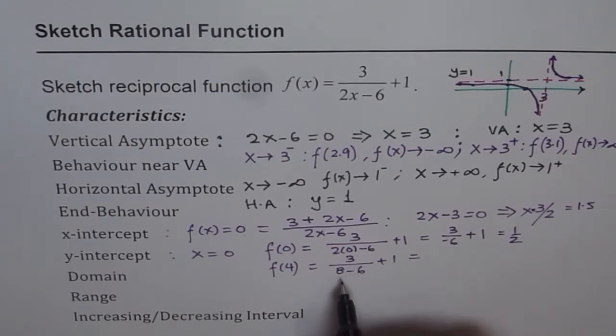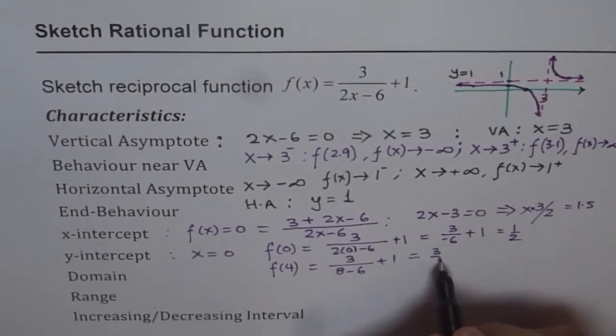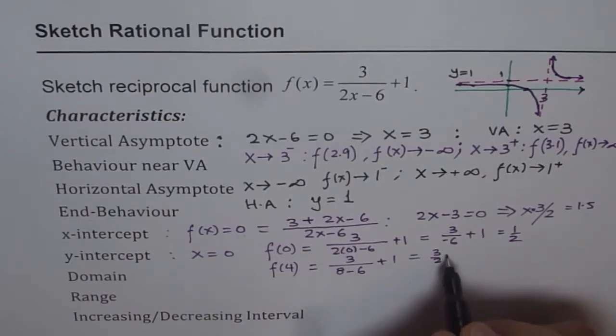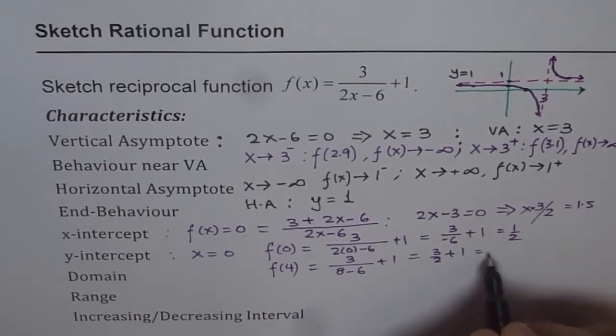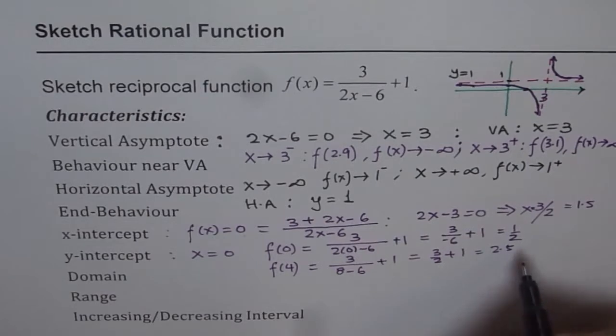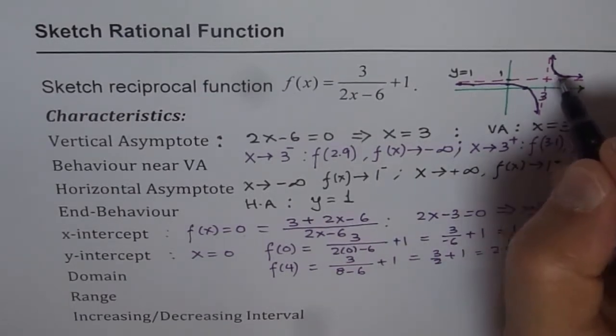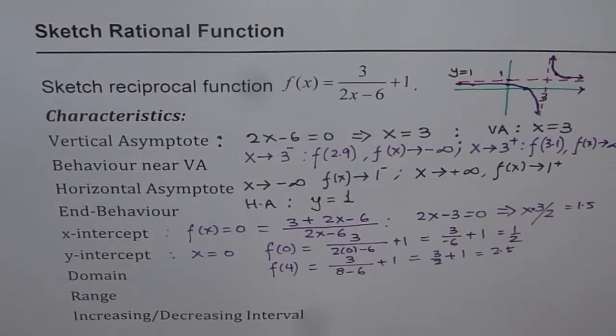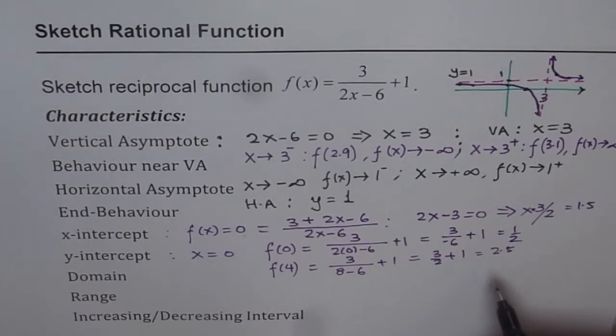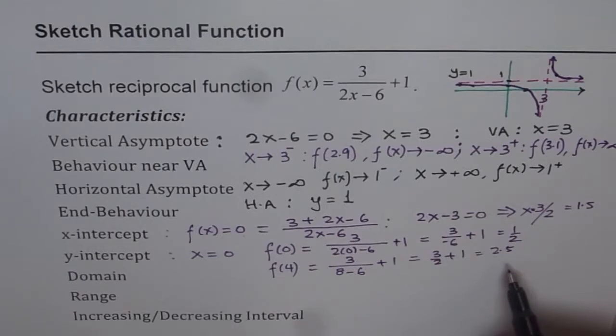That gives 3 over 2 plus 1, or 2.5. So f of 4 is 2.5. We have one more point to make a more accurate graph. That was not necessary, but at times in the question we are required to find a couple of points, maybe 5.